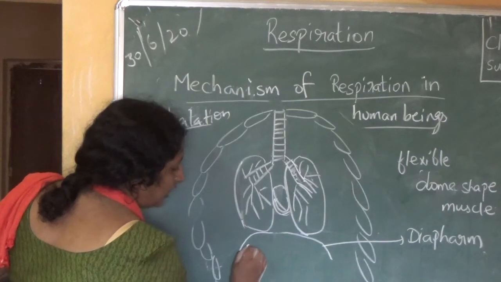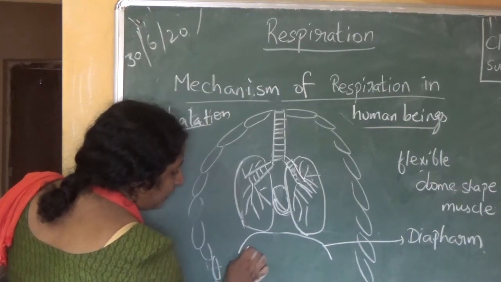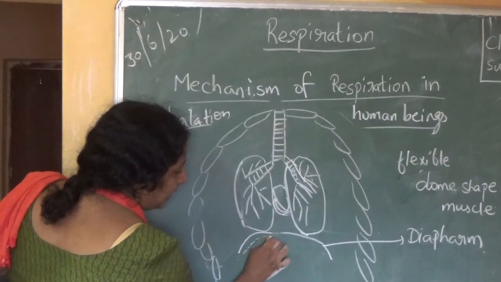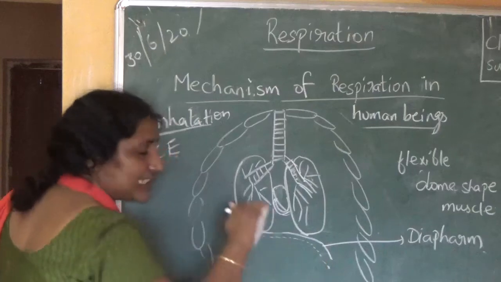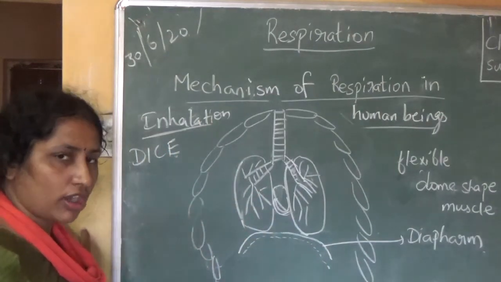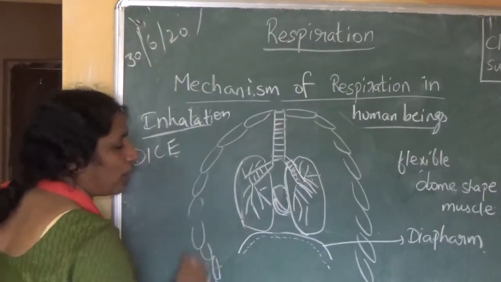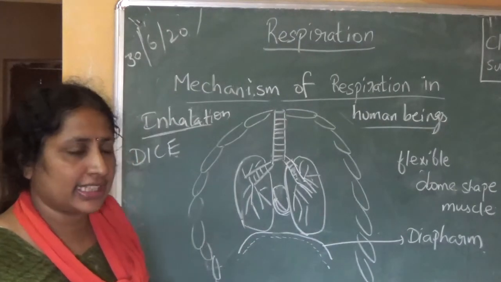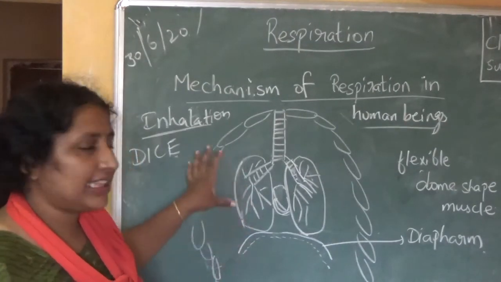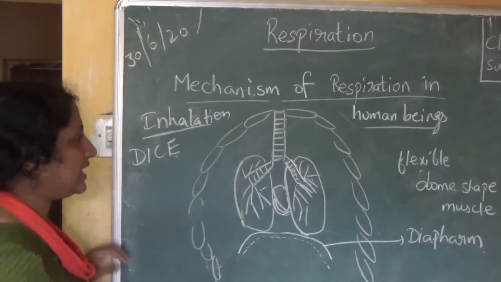I will just draw it like this. The diaphragm slightly comes down. Means that it contracts. Diaphragm contracts. So what happens when the diaphragm contracts? The space in the chest cavity increases.